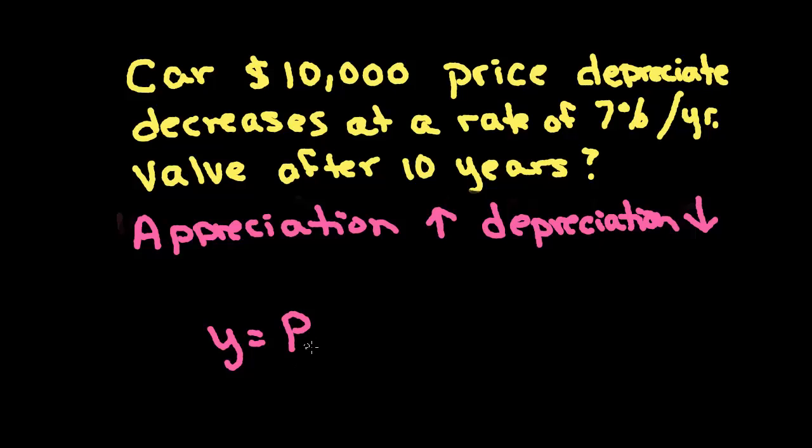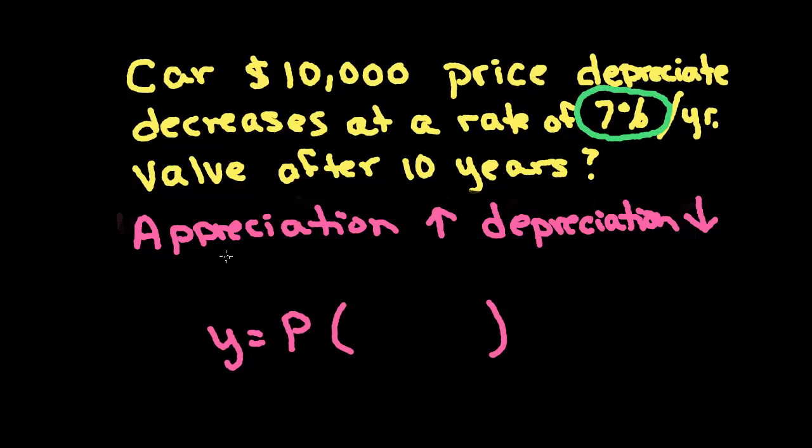It's the principal, or the initial amount that the car cost or the house cost, that starting value. And then I have a choice here. I can either have things appreciate, which means they go up in value, or depreciate, and they go down in value. They're going to go up or down at a particular rate.